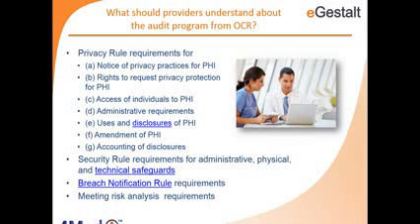And they also look at the breach notification rule and the risk analysis. In fact, one of the key findings from the 2012 audit report that was published was that a lot of the businesses were not doing risk analysis, and that's a big red flag.